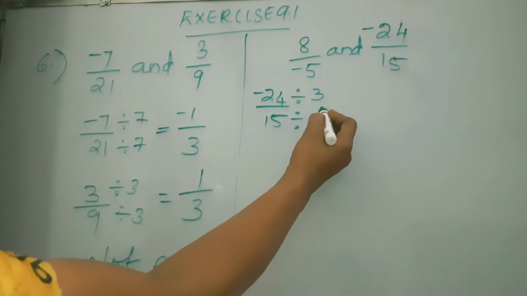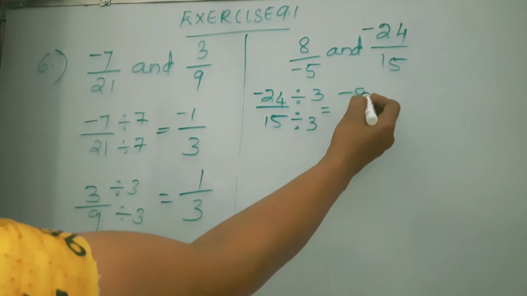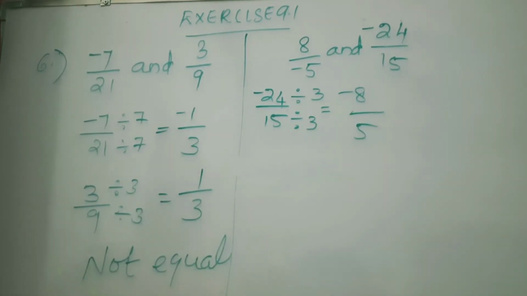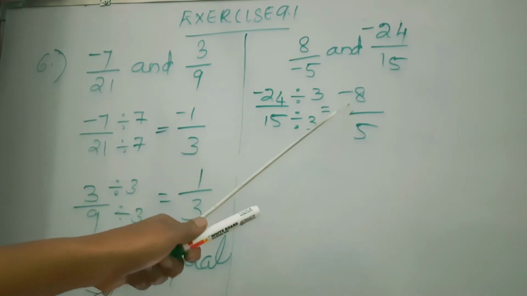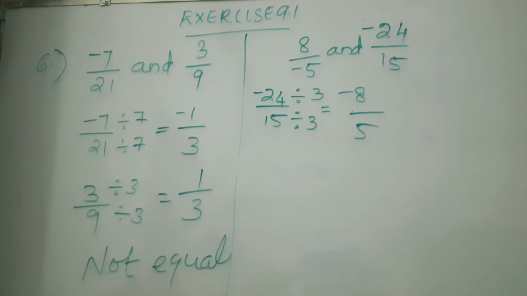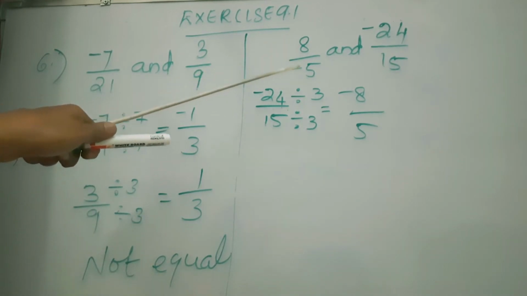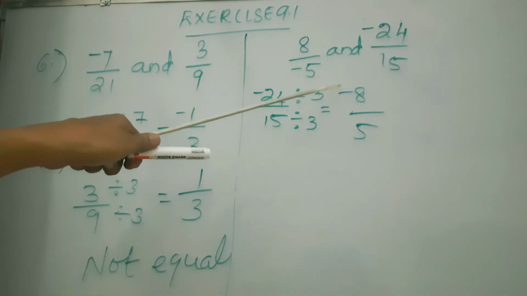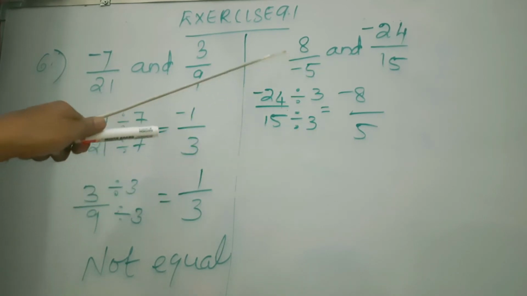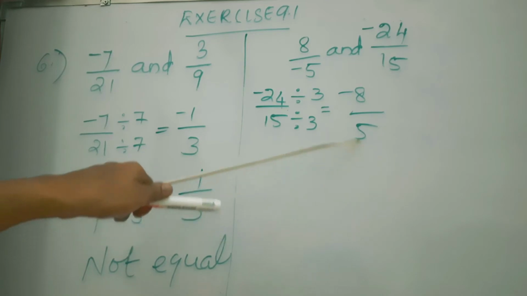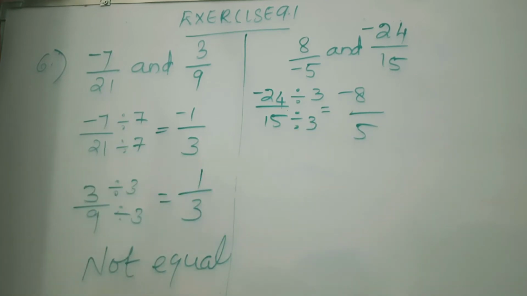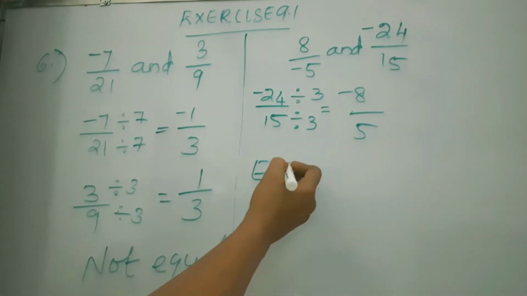When you divide numerator and denominator by 3, you get negative 8 by 5. Now we can see that this is 8 by negative 5 and this is negative 8 by 5. Whether the negative sign is in the denominator or in the numerator, it's the same. So the rational number 8 by negative 5 is equivalent to negative 8 by 5. So they both are equal.